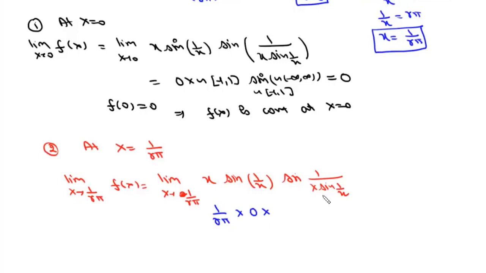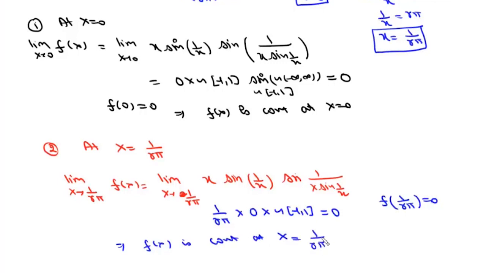Now 0 into something finite is 0. So this limit is 0, and we are given that f(1 upon n pi) is also 0. That means f(x) is continuous at x equals 1 upon n pi. So if it is continuous at 0 and at all 1 upon n pi, that means this function f(x) is continuous in the interval 0 to 1.